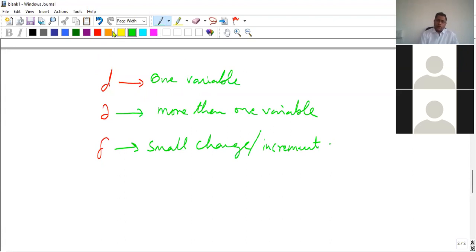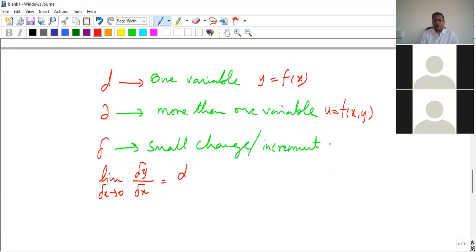So when you have this D, Y is a function of X. When you have this Daba, U is a function of more than one variable, or f is a function of more than one variable. And this delta, we have used it in the limit as delta x tends to 0. Here we used delta y upon delta x, and this we write as dy by dx.